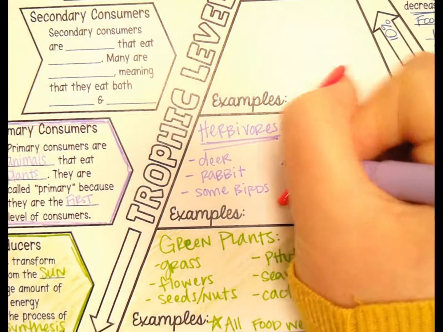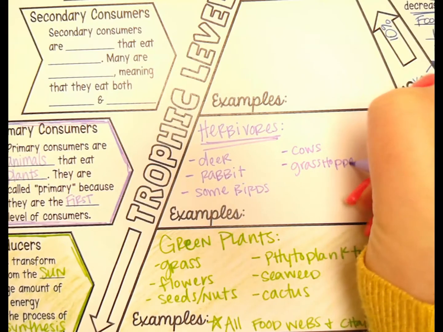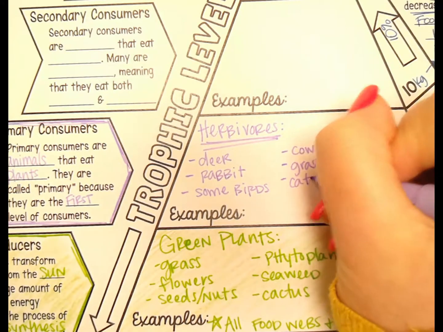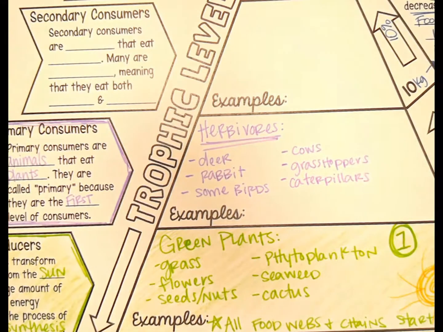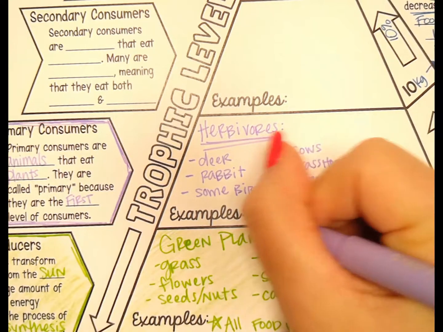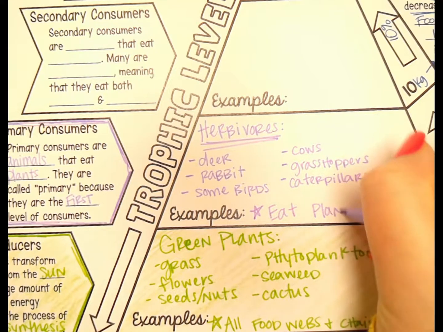You could have insects like grasshoppers. You could have caterpillars, which turn into butterflies, right? All of those are herbivores. All of those are primary consumers. Remember, all of these organisms eat plants.